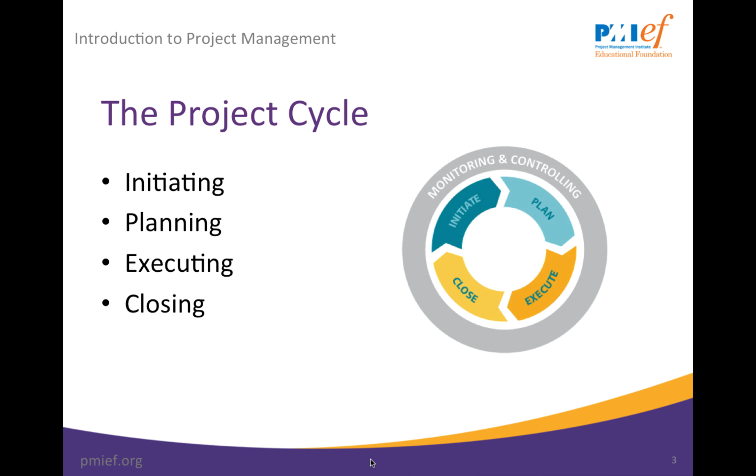The doing stage, this is the third part of the project cycle. Closing, the last phase of every project, is the closing. This is the opportunity to focus on the quality of the project deliverables and the learning outcomes and the effectiveness of our team. It is also time to document lessons learned and archive information.